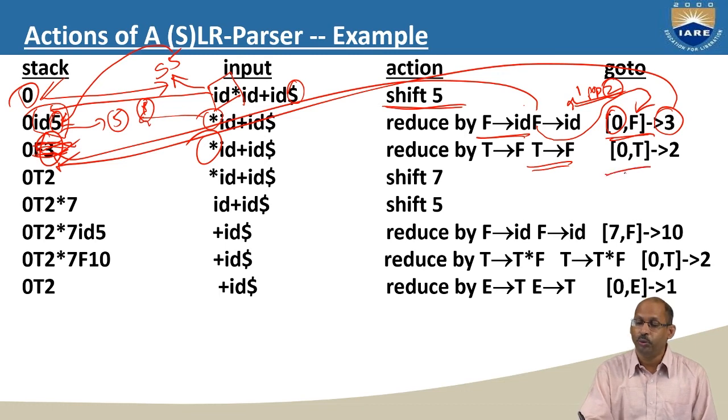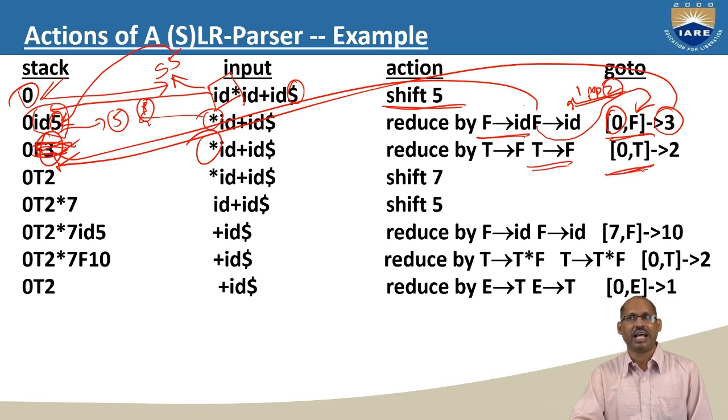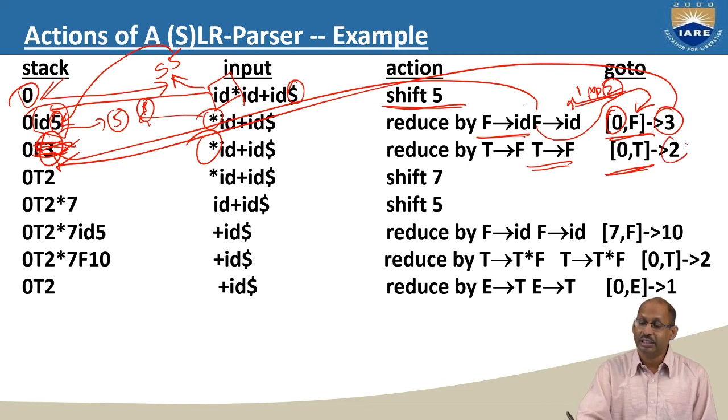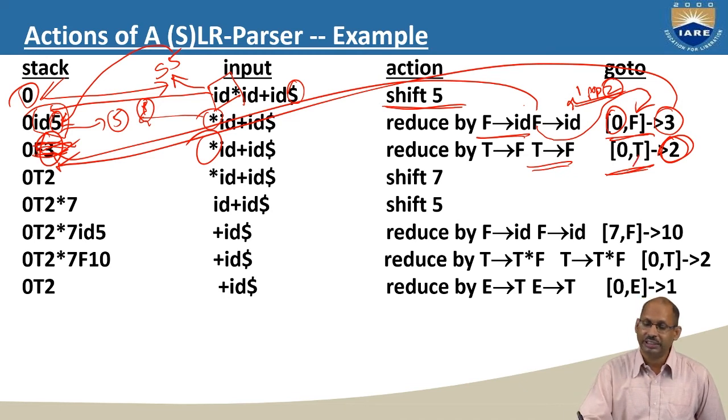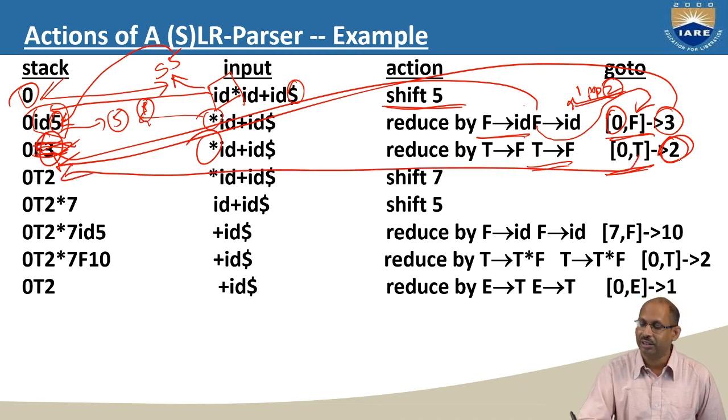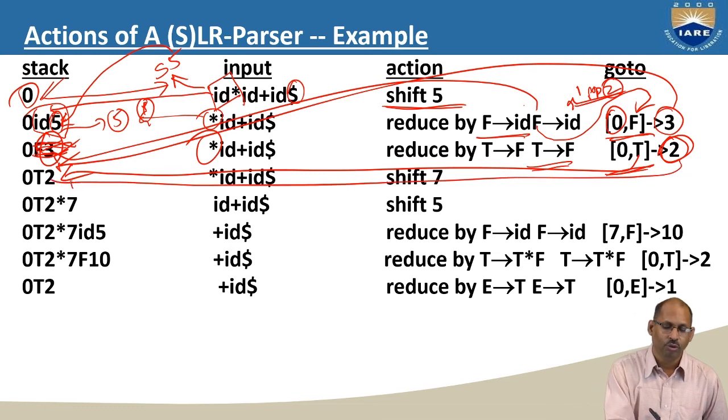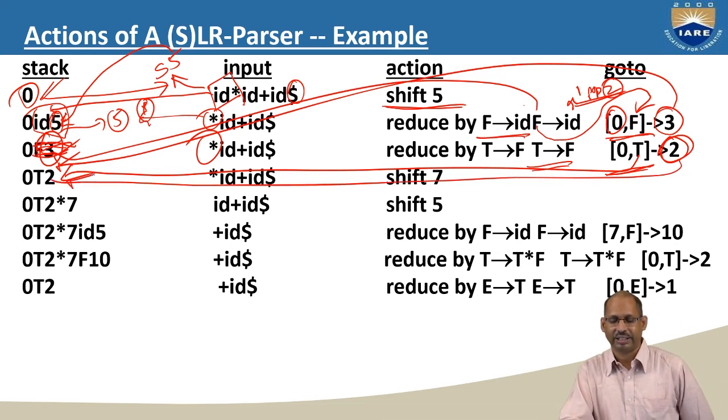We store both of them into the stack. We store T, and this output state from the goto action gives 2 as the state. We will move this T into the stack and also move 2 into the stack.